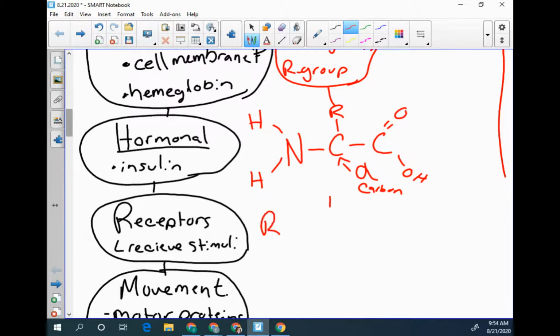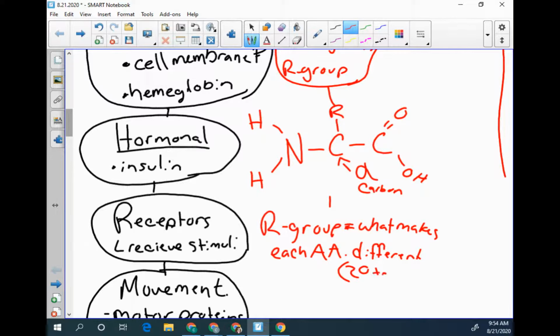So the R group is what makes each amino acid different, and there's 20 of them total.